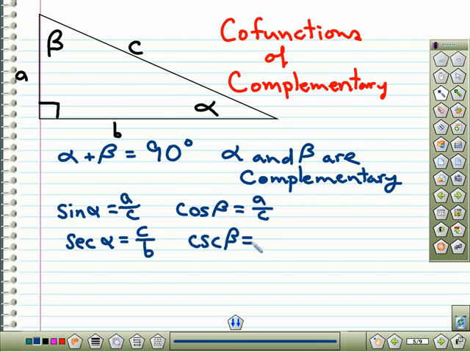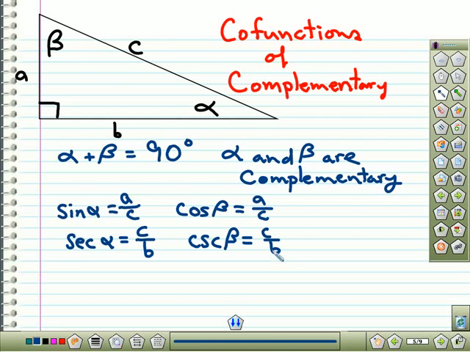The cosecant is going to be the hypotenuse over the opposite, so that's C over B. And once again, notice the cofunctions. The secant of alpha and the cosecant of the complement are both the same.